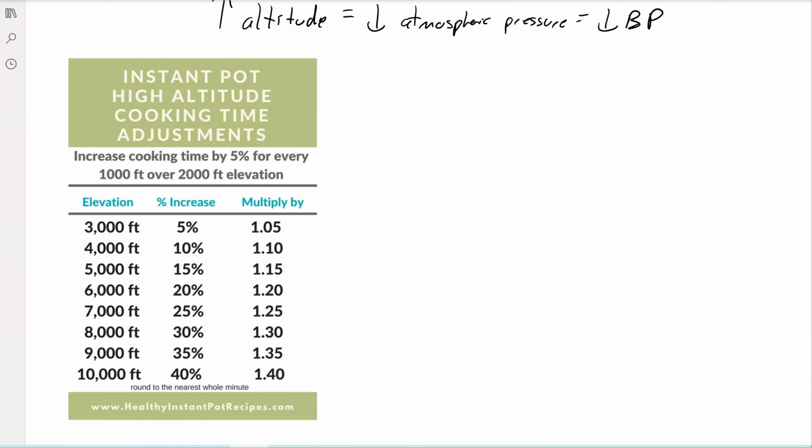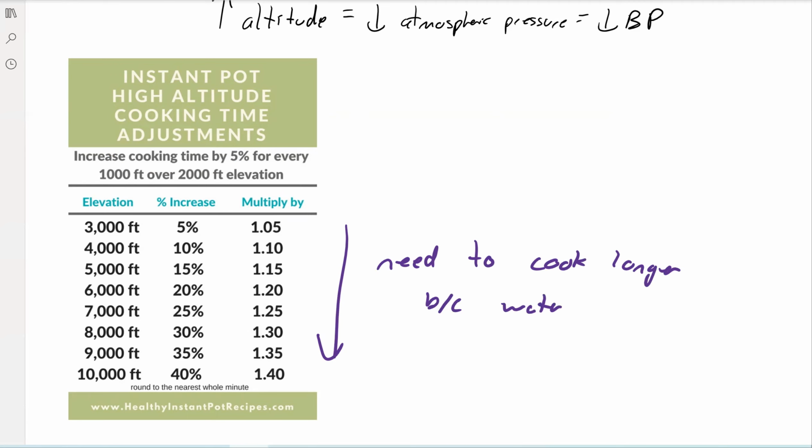What that's telling us is that as we go up in elevation, our water boils at lower temperatures. Since cooking our food is based on the temperature of the water, you're going to have to cook it for longer because you're cooking at a lower temperature. So you need to cook longer because water boils at lower temperatures at higher altitudes.